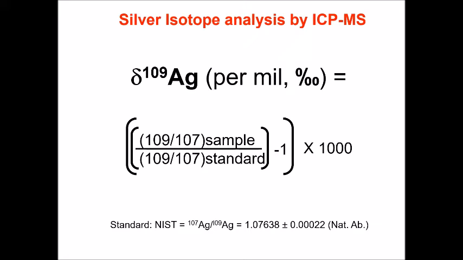Essentially, it is a comparison of the ratio of the 109 to 107 isotope abundance in a sample compared to the same ratio in a standard. Now, in the del value, if the sample and the standard are identical, the value will be 0. If the 109 or heavy isotope is enriched, the value will be positive, and if the 107 or lighter isotope is enriched compared to the standard, then the value will be negative.